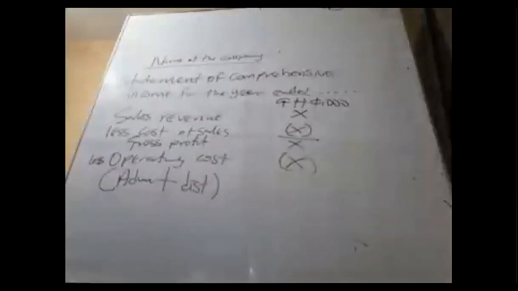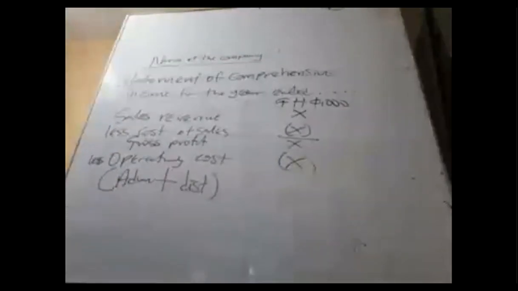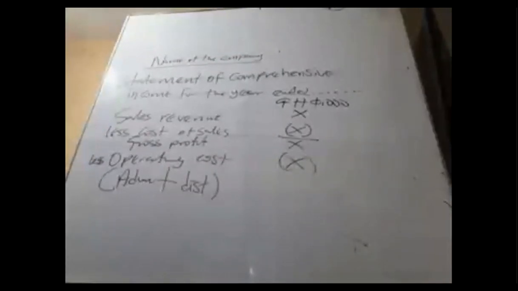Here you are afraid that a particular expense, which you are comfortably saying is admin, in actual sense is supposed to be your distribution cost, which would then make your admin wrong and distribution also wrong. But in effect, their total answer, you got it right. So something like that is very painful.